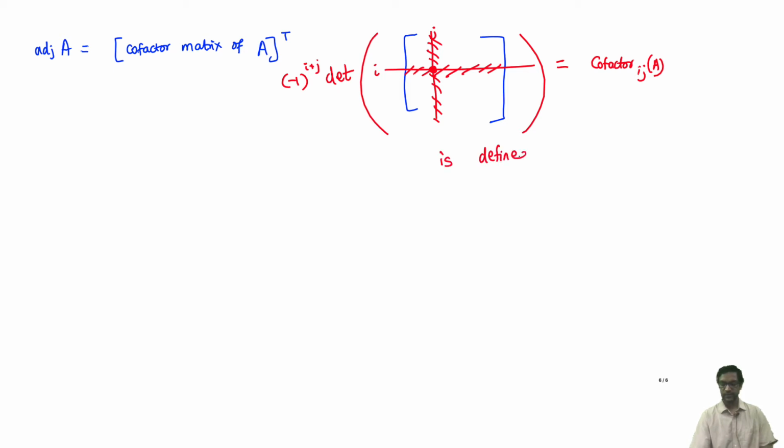The cofactor ij is an element of R. The cofactor matrix means that for every ij I put the cofactor of ij. So this entire definition makes perfect sense. And so what do I get finally? The adjoint of A is in fact a well defined matrix, defined in the same manner, with elements in R.